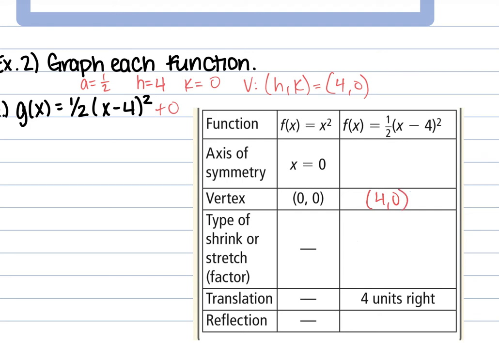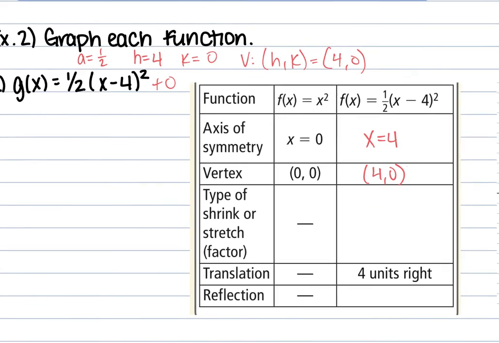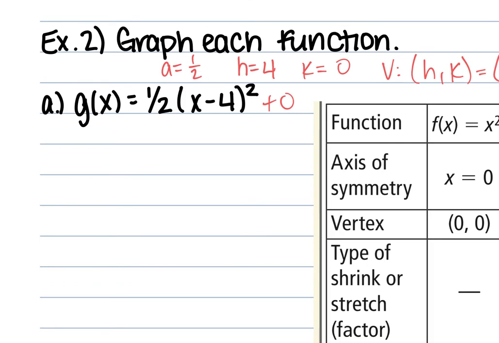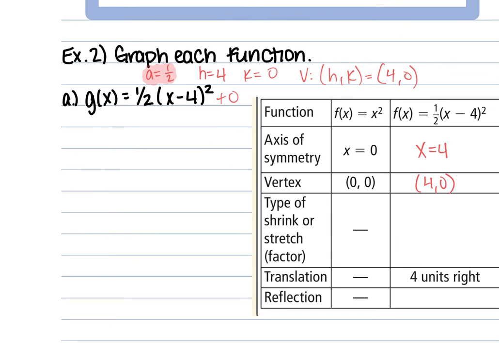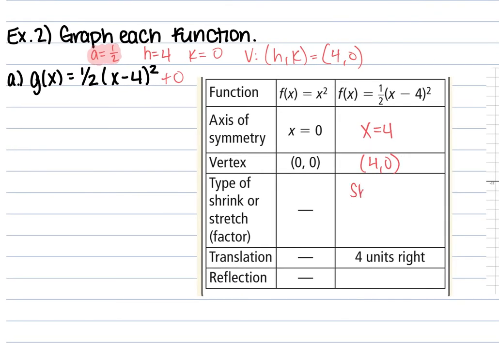Could anyone tell me where my axis of symmetry is going to be? X equals 4. Excellent. How'd you get that? Because that's the h value. Yeah, it's the h value of your vertex, okay? Now, look at the a value. Someone tell me, is this going to be a shrink or a stretch? It's a shrink. Why? Excellent.